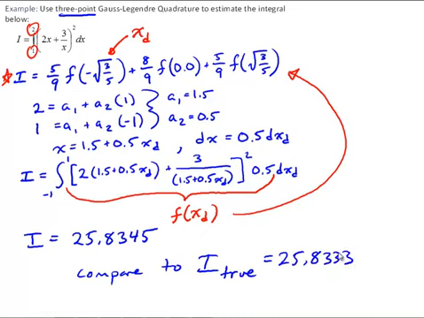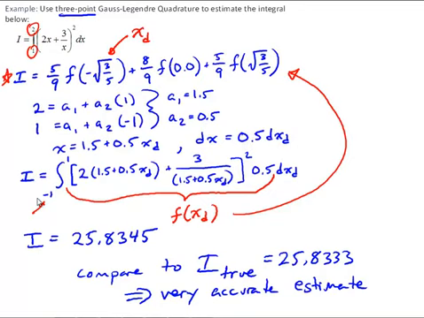So we can see that this is a very accurate estimate of that integral, and it was calculated fairly easily with 3 function evaluations after doing that variable shift. So the key to implementing Gauss quadrature is understanding how to shift the variable as necessary to get our integration limits in that -1 to 1 range.